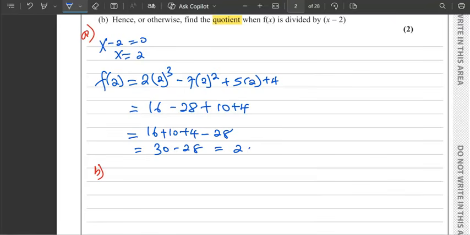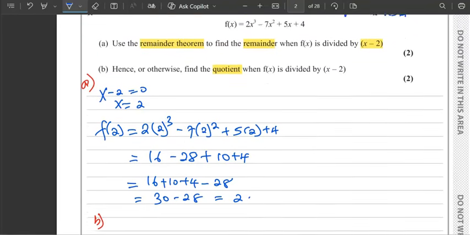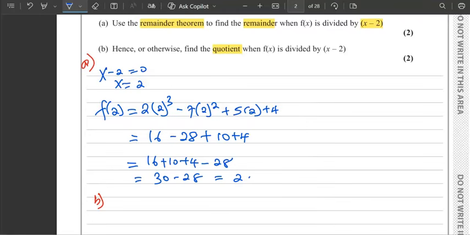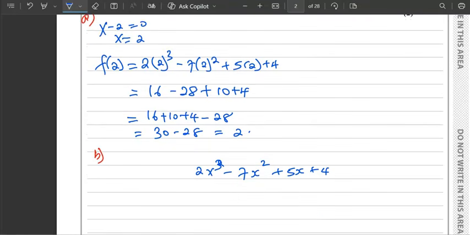The polynomial itself is 2x cubed minus 7x squared plus 5x plus 4. So by long division, the factor in this case is x minus 2.